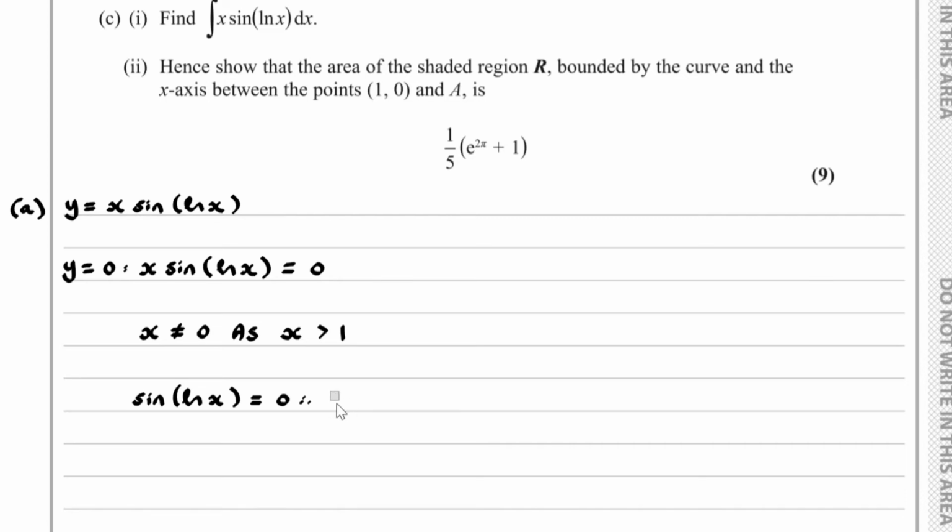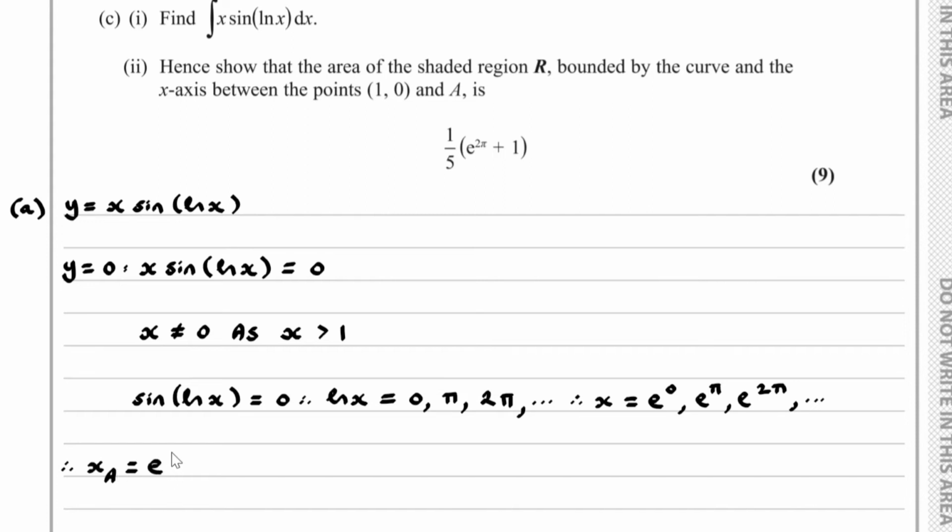So the argument, which is the natural log of x, equals 0, pi, 2 pi, and so on, which means x is going to equal e to the 0, e to the pi, e to the 2 pi, and so on, which means the x coordinate of A is equal to e to the pi. So that's the x coordinate of A.